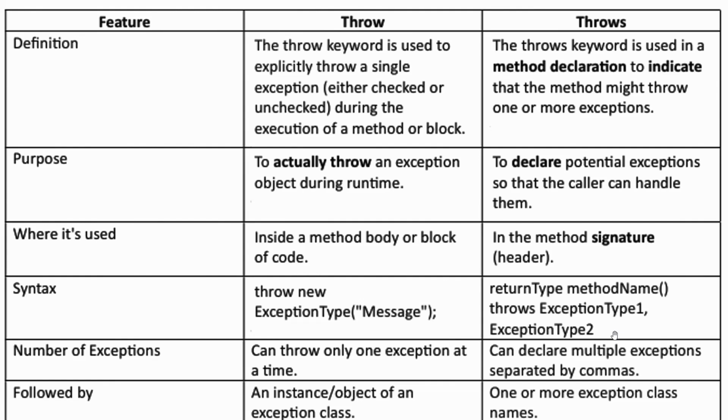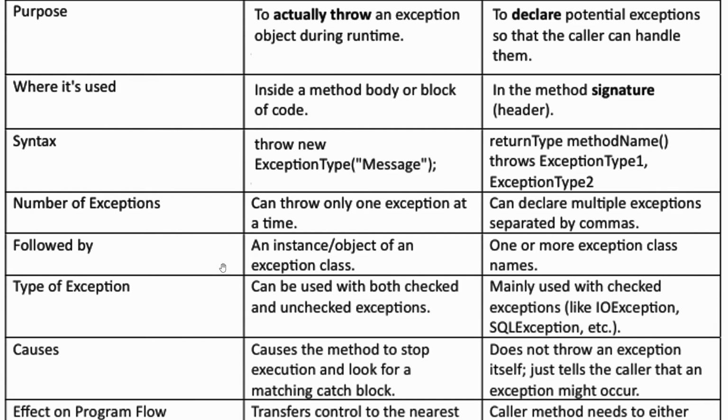Like this we can declare multiple exceptions at a time. In throw we can only handle one exception at a time, followed by an instance or object of an exception class. And the throws keyword is followed by one or more exception class names. So the throw keyword deals with the object, and the throws keyword deals with the class.